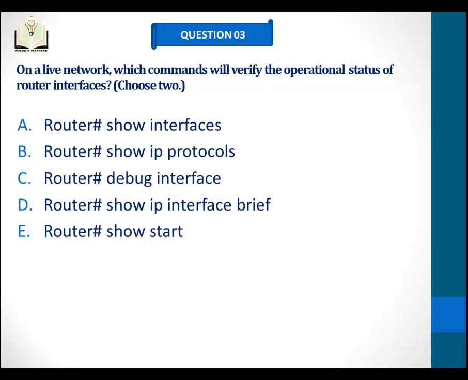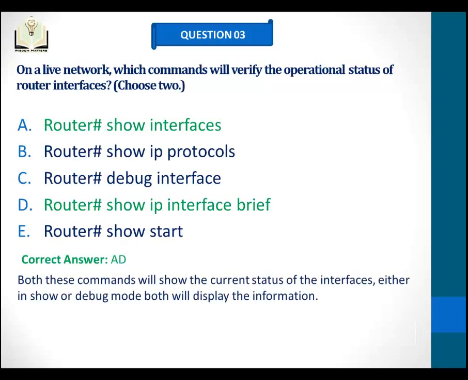Question 3. On a live network, which commands will verify the operational status of the router interfaces? Choose 2. The options are A, show interfaces, B, show IP protocols, C, debug interface, D, show IP interface brief, E, show start.